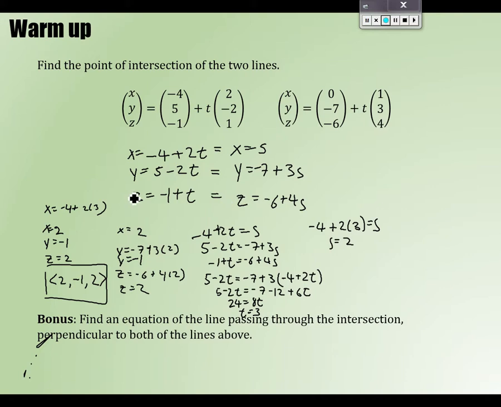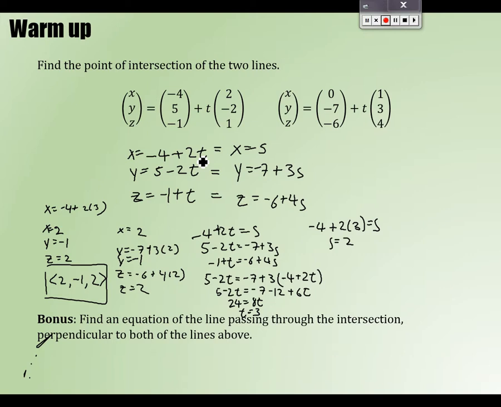Ignoring the last one for now, can you solve this system of equations? Negative 4 plus 2t equals s, and 5 minus 2t equals negative 7 plus 3s. That's a linear system of two equations and two unknowns. Solve it using whatever method you like. Looks like he did that here and found s equals 2 and t equals 3.